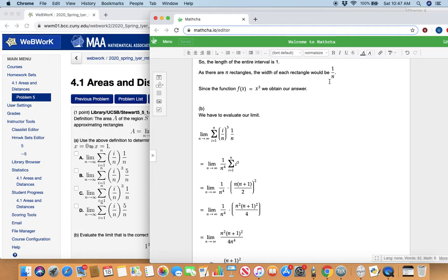So 1 over n means either this option or this option. Of these two options, my function is x cubed. So we have the answer, and that is C.